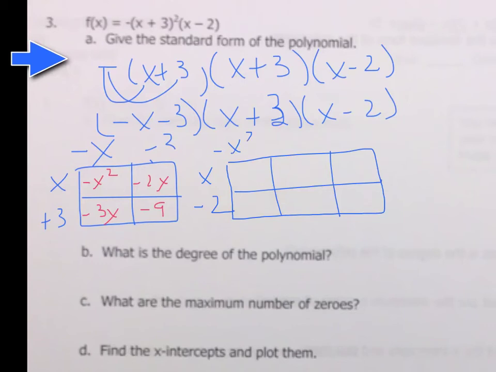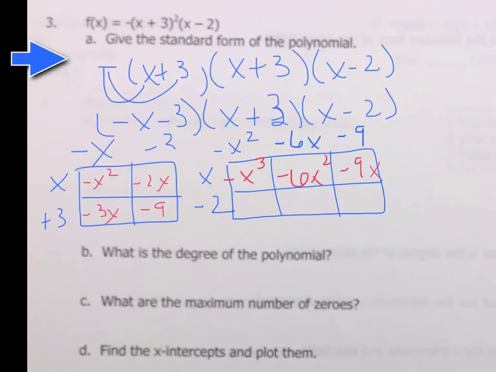So negative x squared, minus 6x and minus 9. Now we need to fill in the box here. Negative x to the third minus 6x squared minus 9x.